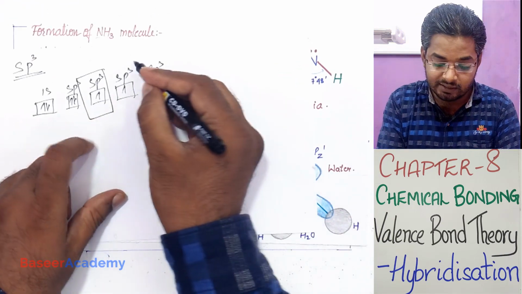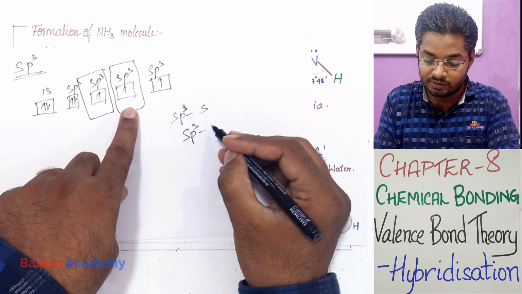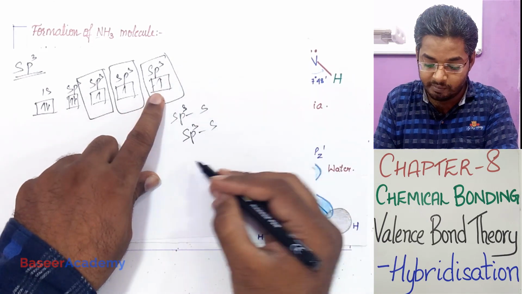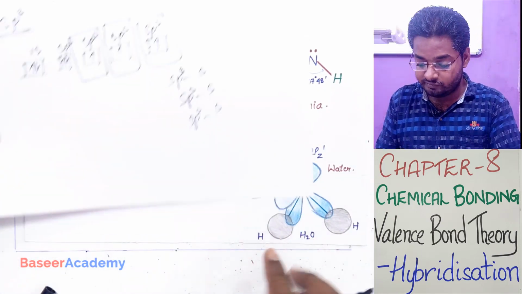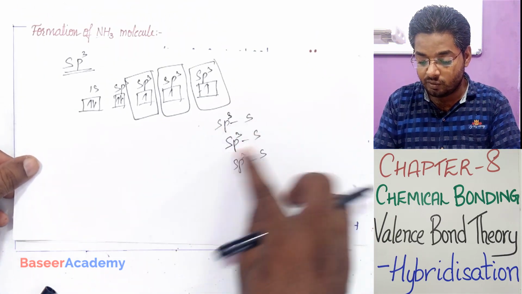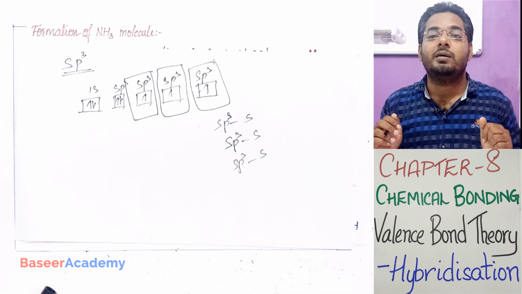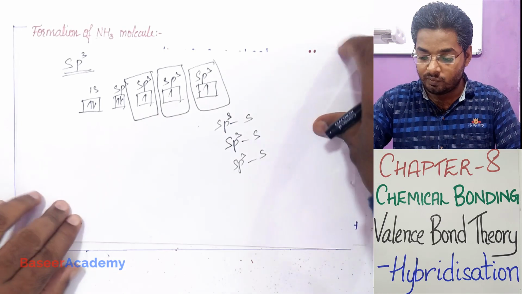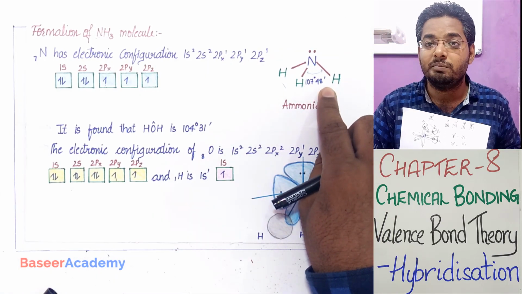Again, this sp3 hybrid orbital of nitrogen overlaps with the 1s orbital of the second hydrogen atom, and this sp3 hybrid orbital which has an unpaired electron overlaps with the 1s orbital of the third hydrogen atom. Now if you see, the overlapping orbitals are the same, so the bond strength and the bond length are the same, and we get the bond angle as 107 degrees 48 minutes.